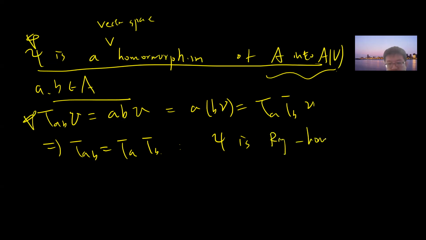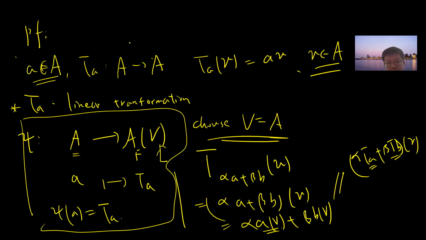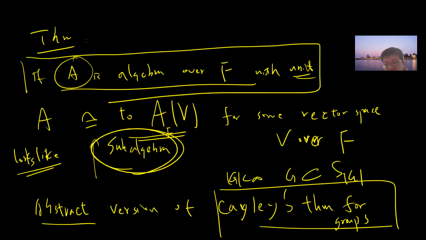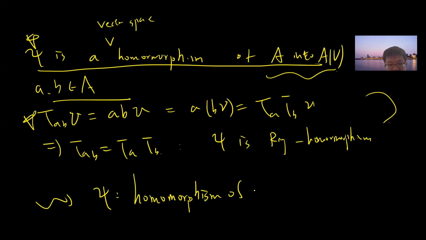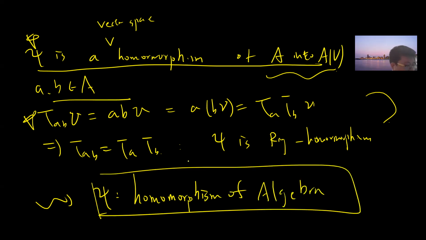Since an algebra is a vector space and also a ring, combining these two, psi should be viewed as a homomorphism of algebras, so its image is a subalgebra.